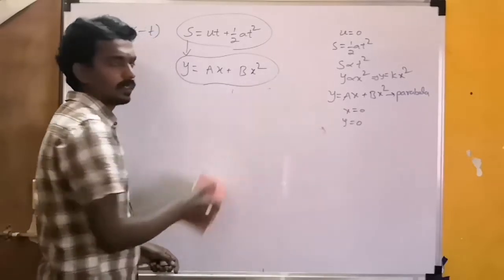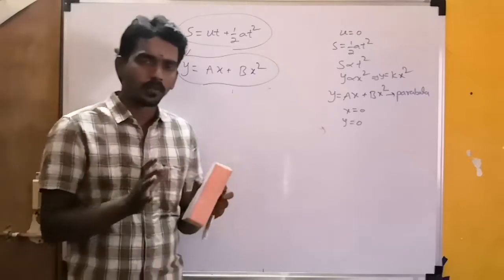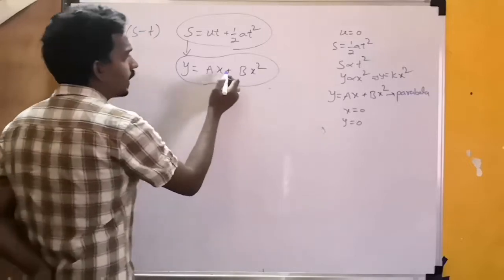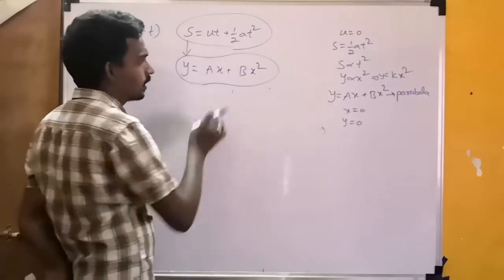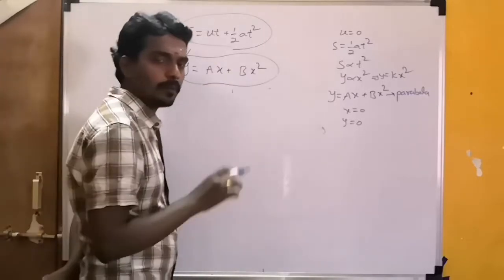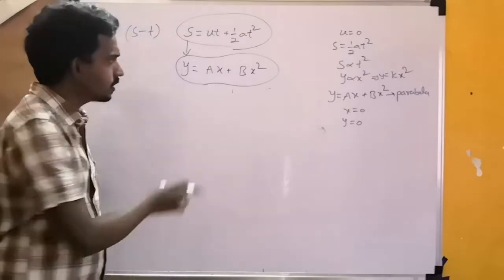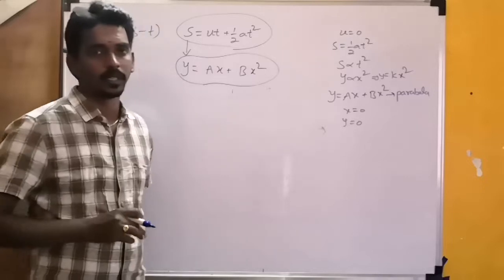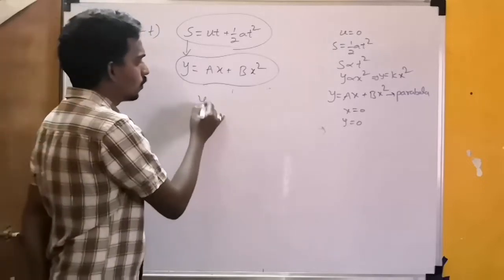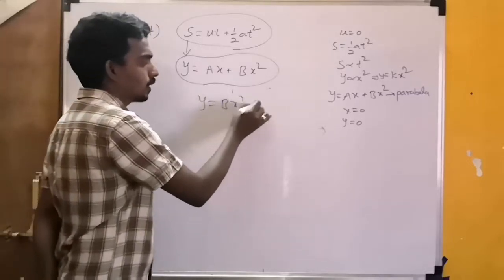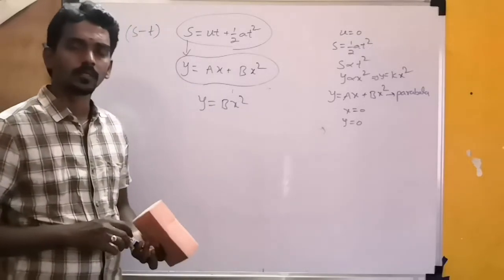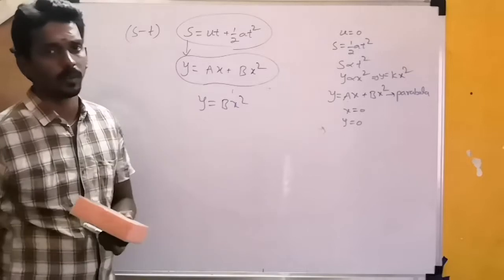So finally what I would like to conclude is even y equal to ax plus bx square is also a parabola. This is also the representation of a parabolic graph, not just y equal to bx square. Even if there is one x term, it is still a parabola.